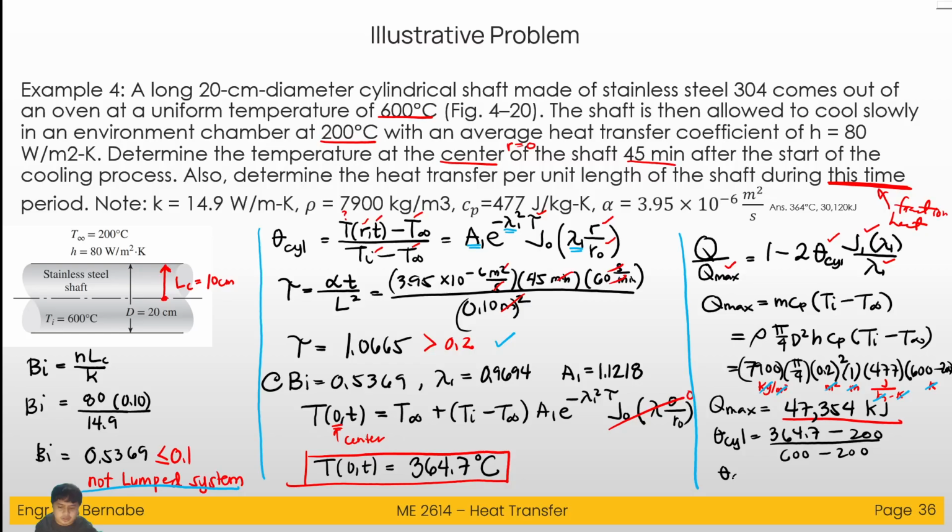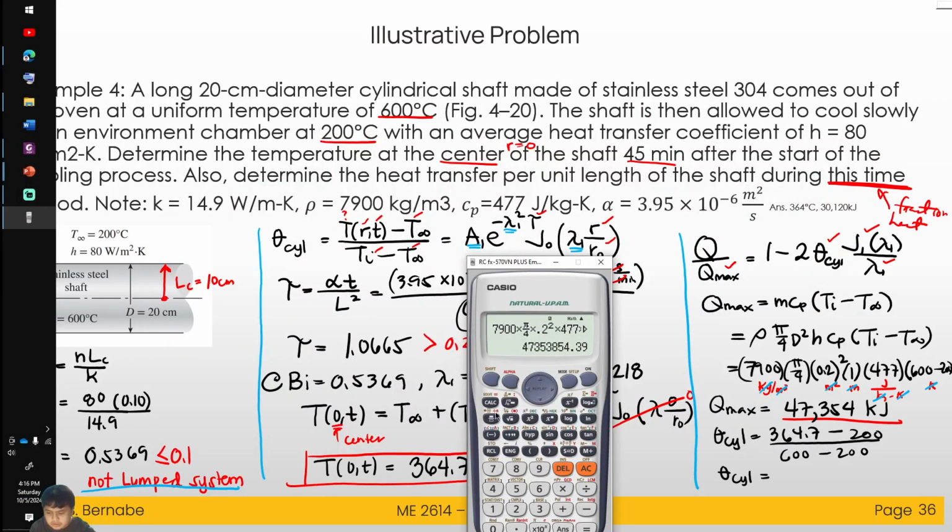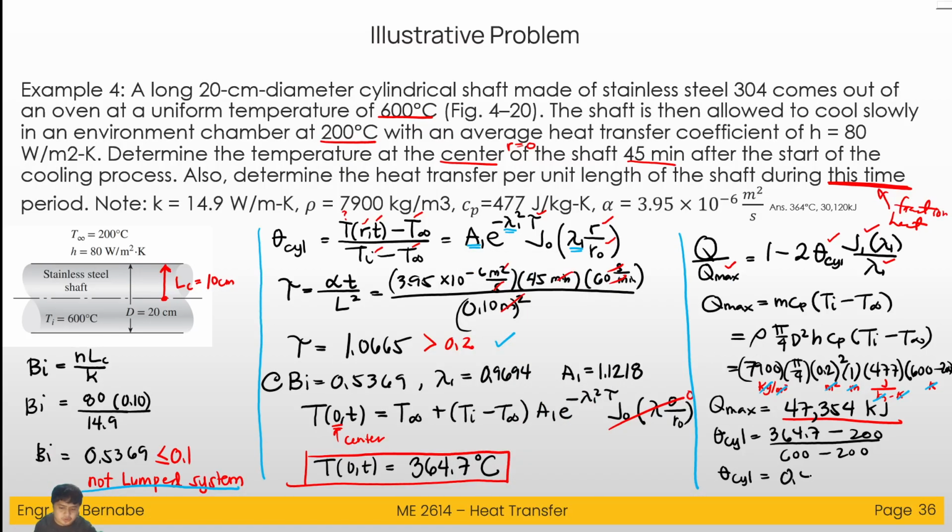So this is the theta cell. Okay, we are almost there. 364.7 minus 200, so 400. So 0.41175, 0.4118.